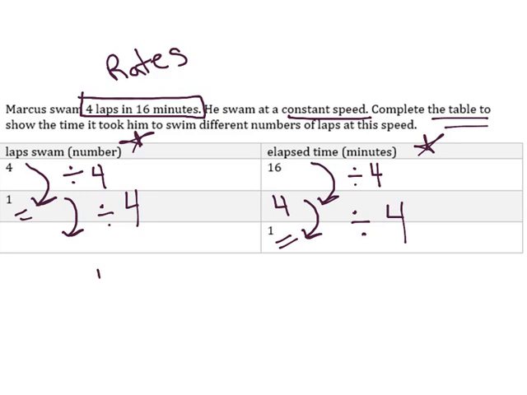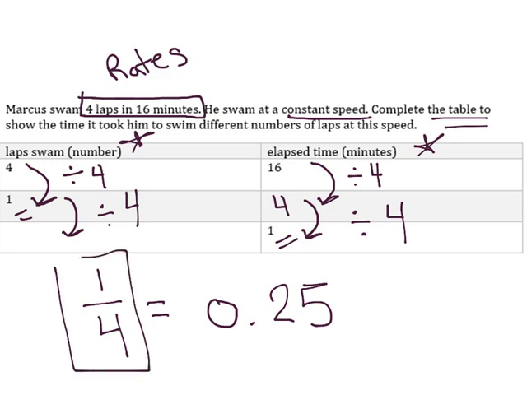And remember, 1 divided by 4 is actually going to be a fraction or decimal answer, and it's going to be 0.25. A few ways we can get that. 1 divided by 4 is the fraction 1/4. In the calculator, you can type 1 divided by 4, and it's going to give you 0.25.